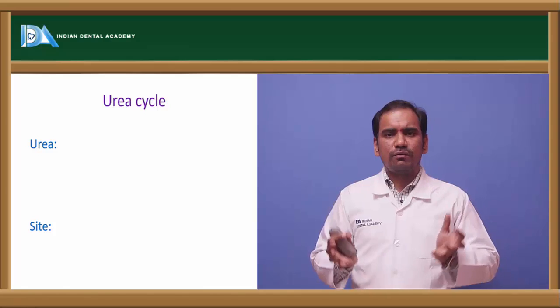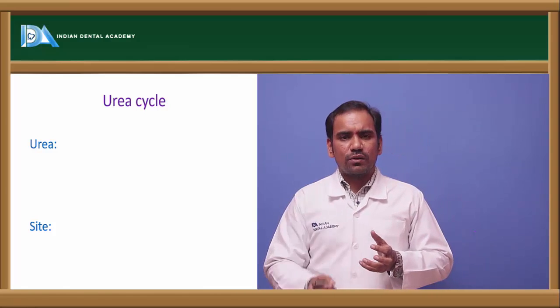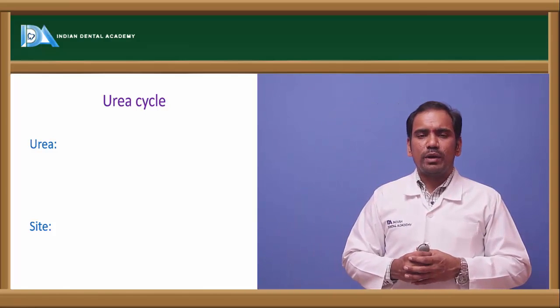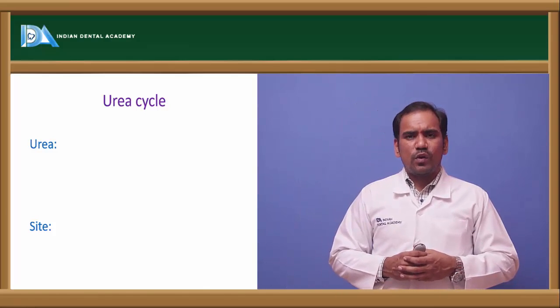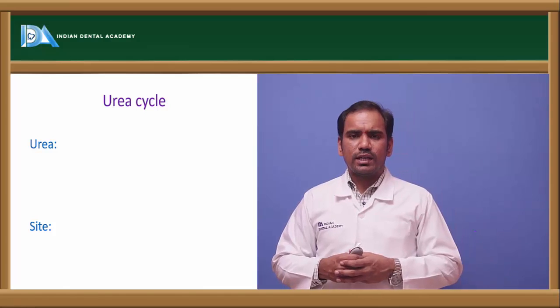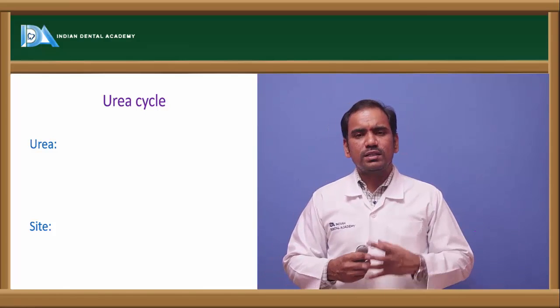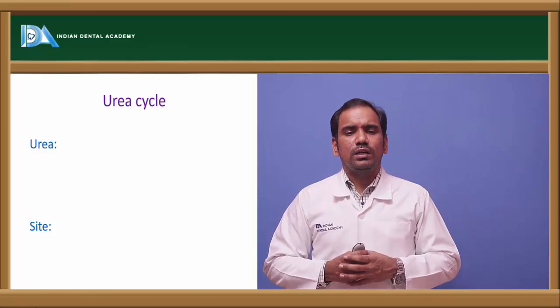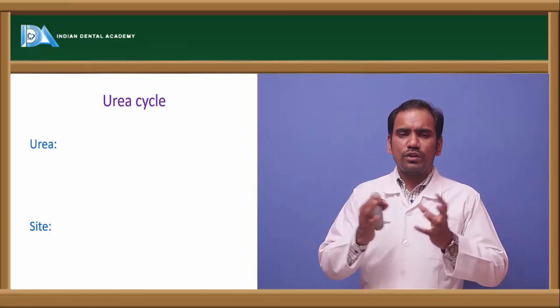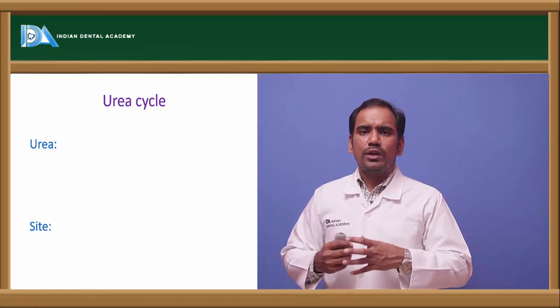So this conversion of ammonia into a less toxic compound, urea, is brought about by a particular cycle called the urea cycle. So what happens in the urea cycle? In the urea cycle, whatever ammonia is released in the hepatocytes is converted into urea.